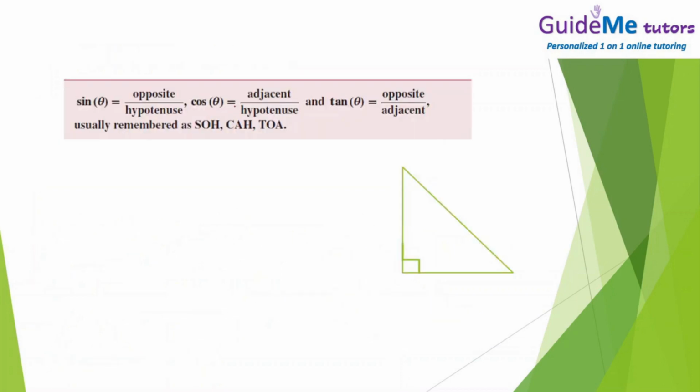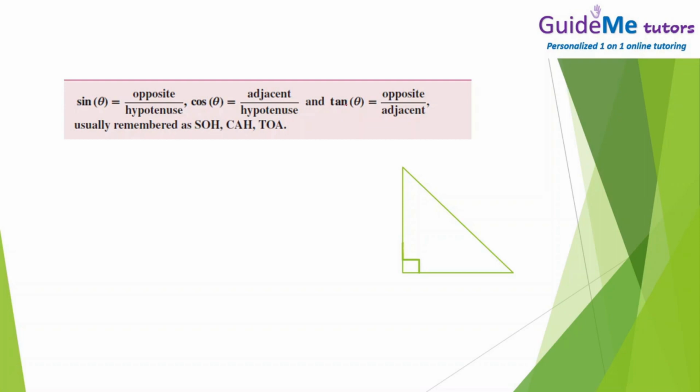Now, let us learn what these trigonometric ratios are. I have written here sine theta, cos theta and tan theta. Sine, cosine and tangent are the trigonometric ratios.